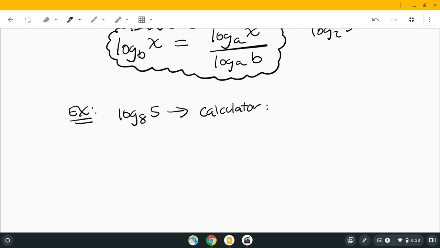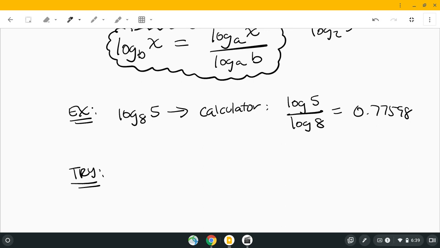You'll still get the same answer because it's a ratio. So I'm going to use the common log: common log of 5 over common log of 8. When I punch that into the calculator, I'm going to get 0.77598.